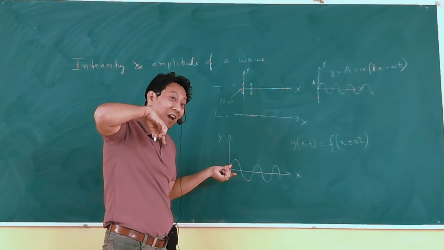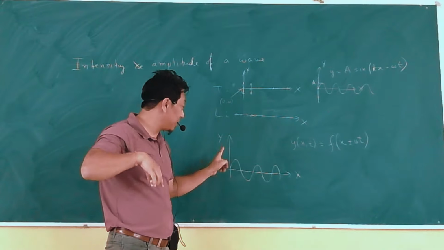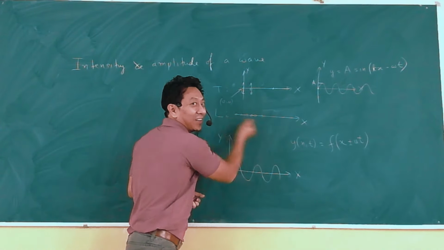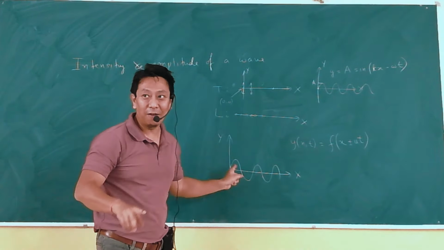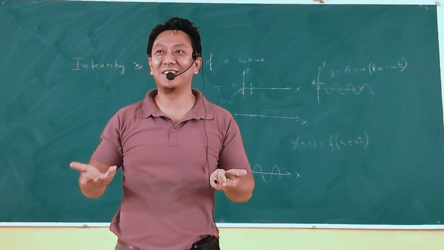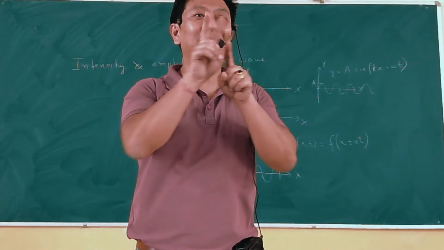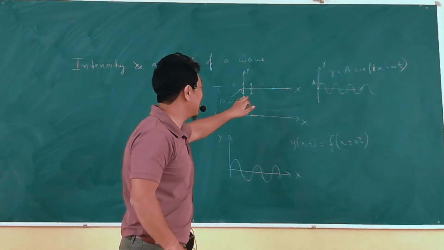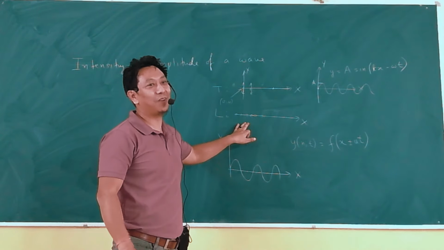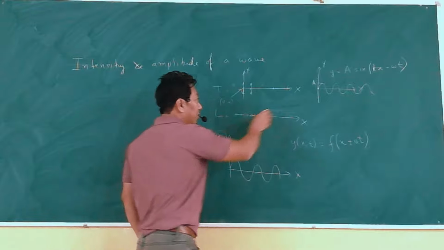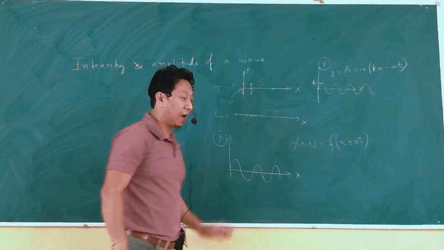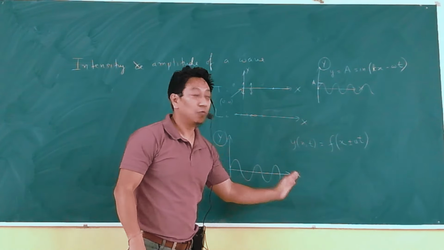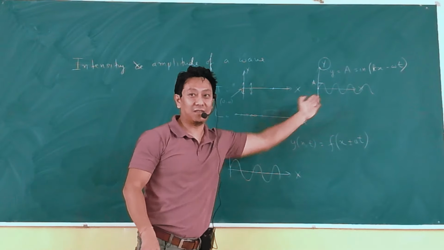So, though the graph will have displacement here, you have to understand that in the longitudinal case the displacement is along the x-axis only. Understood? In the graph we have to show it along the y-axis, because two variables cannot be plotted on the same axis. So whether transverse or longitudinal, the displacement of the particle at different positions will be shown by similar graphs.